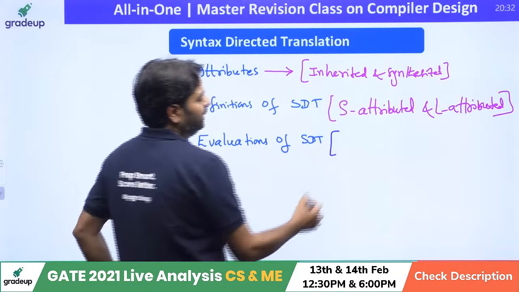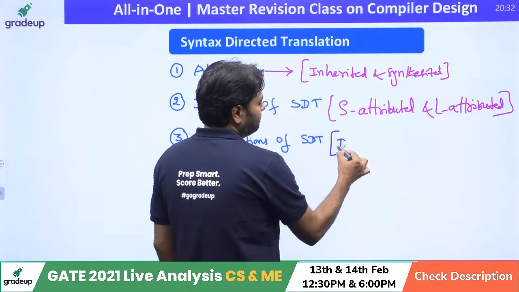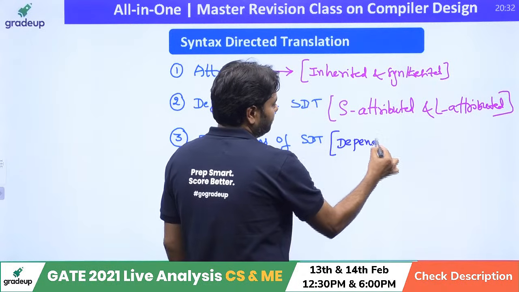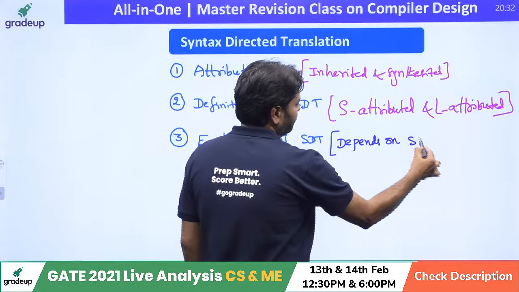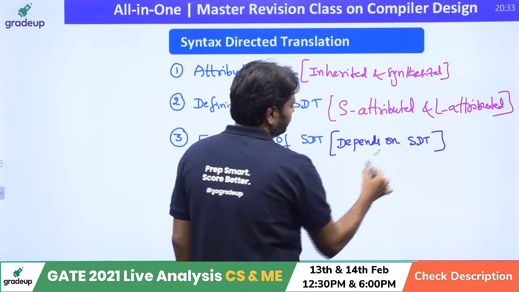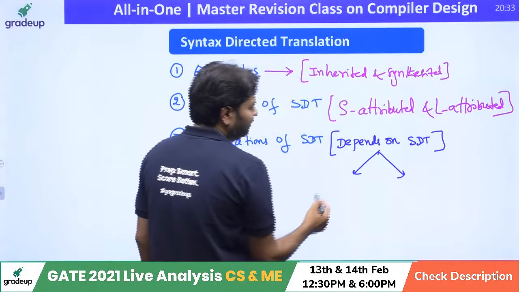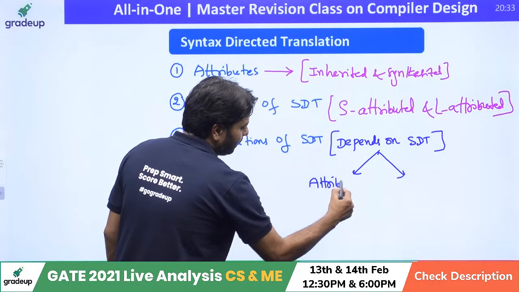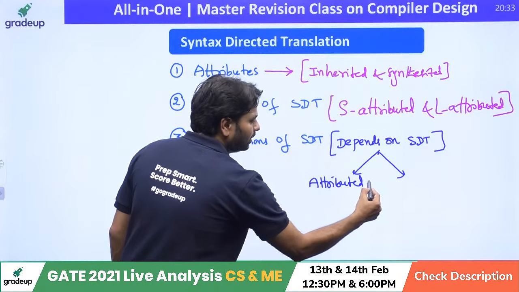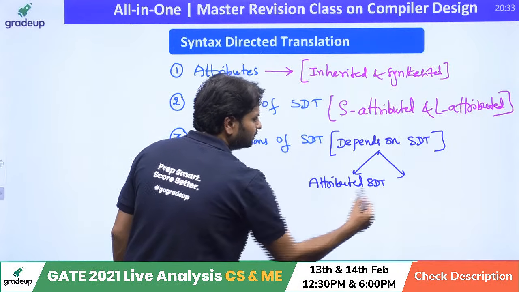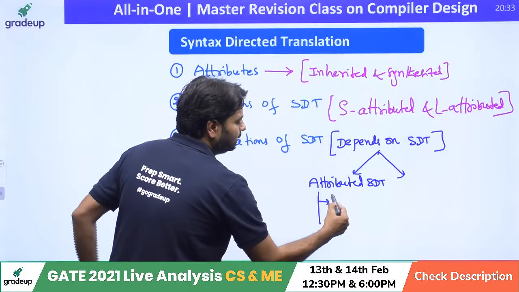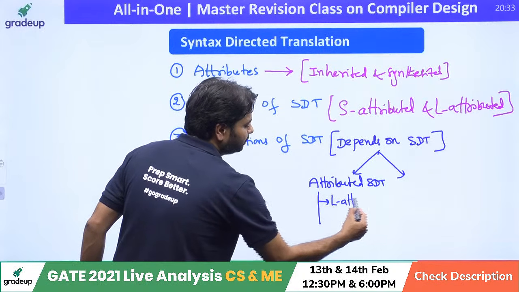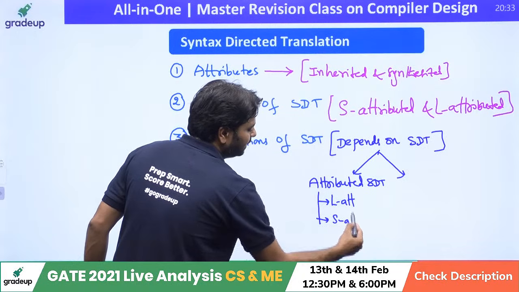And evaluations are many, depending on the type. If it is an attributed SDT, then you have two types: L attributed evaluation and S attributed evaluation.